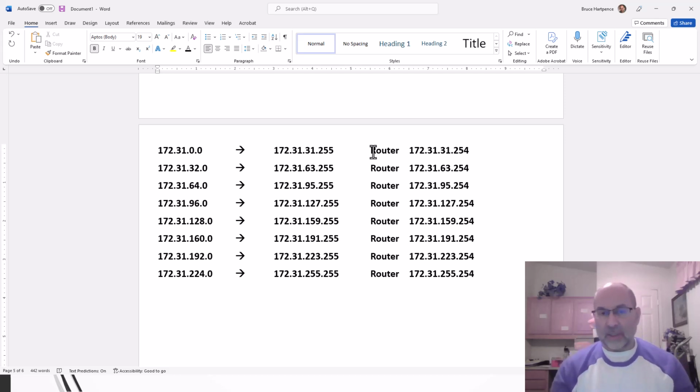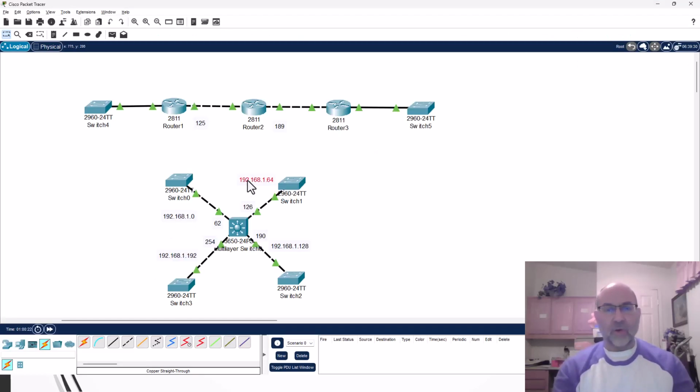Now with 8 subnets, this could be all over the place, right? I might say I've got all of these subnets sprinkled everywhere. And so what might the topology look like? Well, we'll do one example of what the topology might look like. If I ignore all of these labels that I had here, and I just said, what would happen if I took this router and connected it down here?